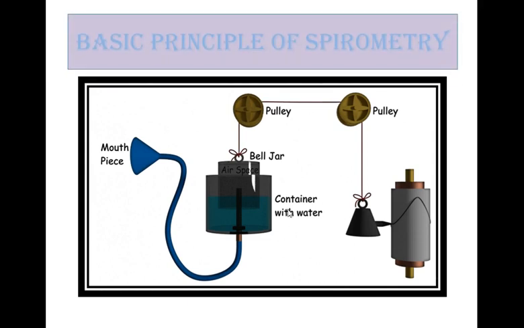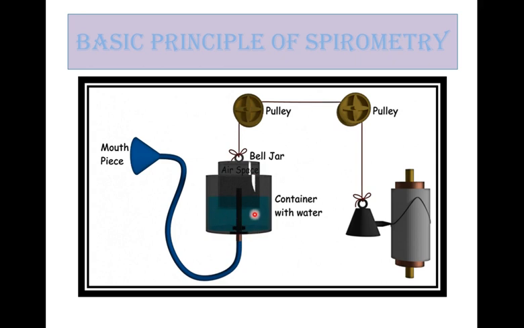What we see on this diagram is that there is a mouthpiece. The mouthpiece, already explained before, is attached to the mouth of the patient, and attached to the mouthpiece is a tubing. As you can see, the tubing is attached to an inverted bell jar. The tubing passes through another jar.